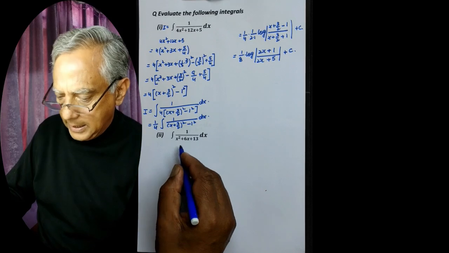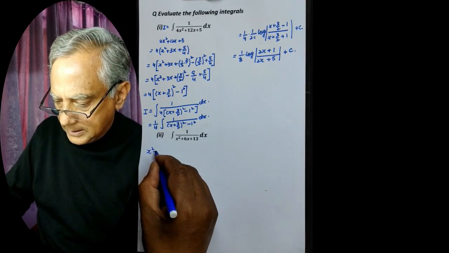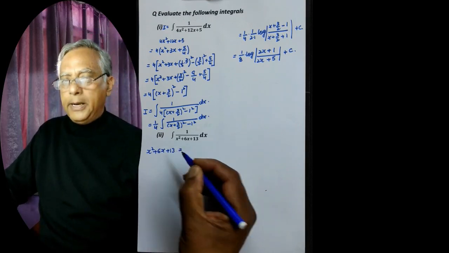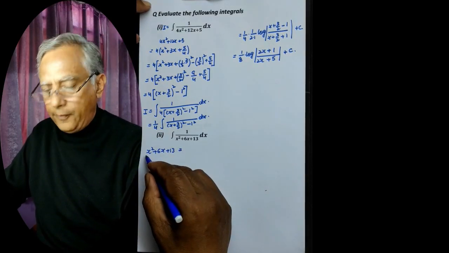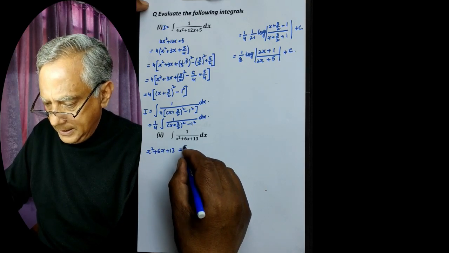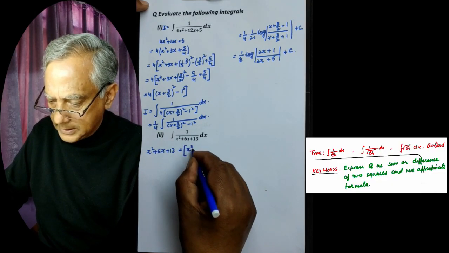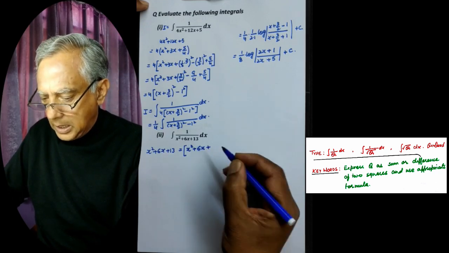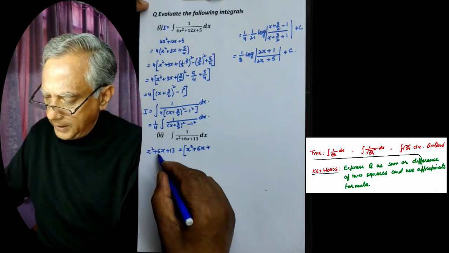So here x square plus 6x plus 13. This can be written as, now quotient of x is already 1, so we will move on to the next step. That is x square plus 6x plus half the quotient of x. Half the quotient of x is 3.